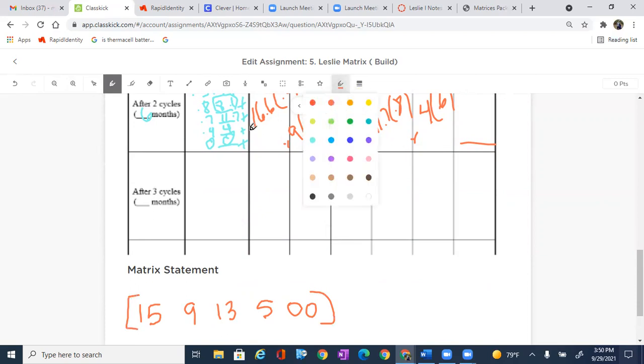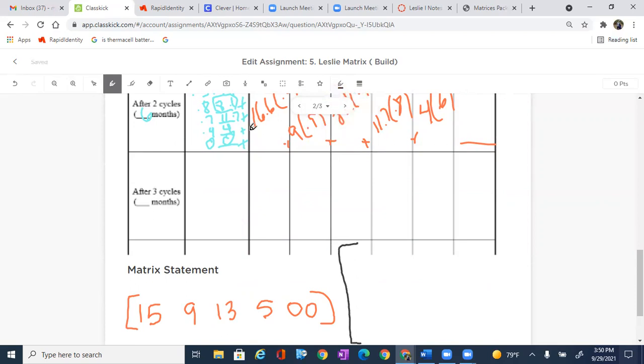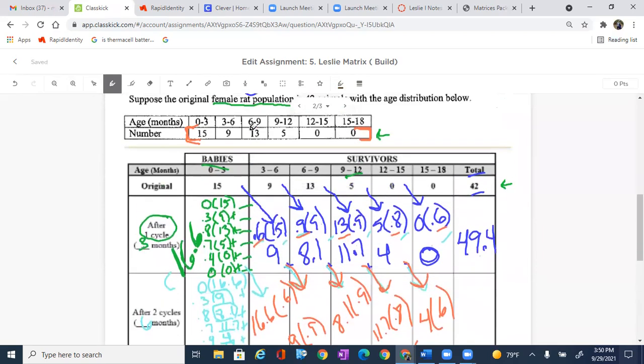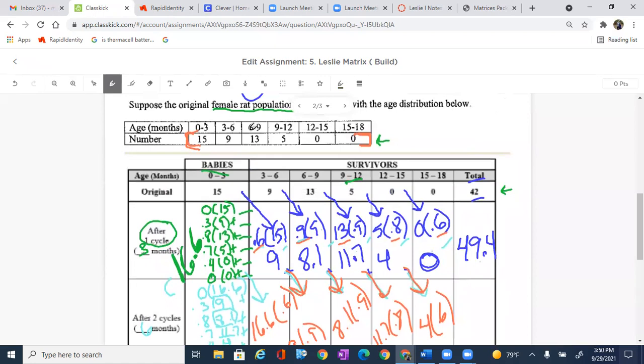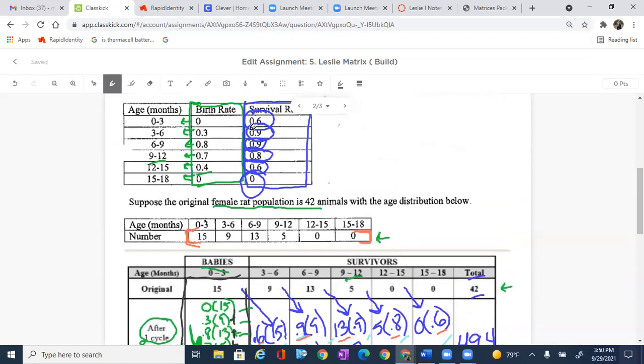Now what we have to do is figure out what is happening and what is making sense with this. Well, the first thing we do is multiply to find the first spot. We multiply by all of the birth rates, and then we add. That is classic matrix multiplication.